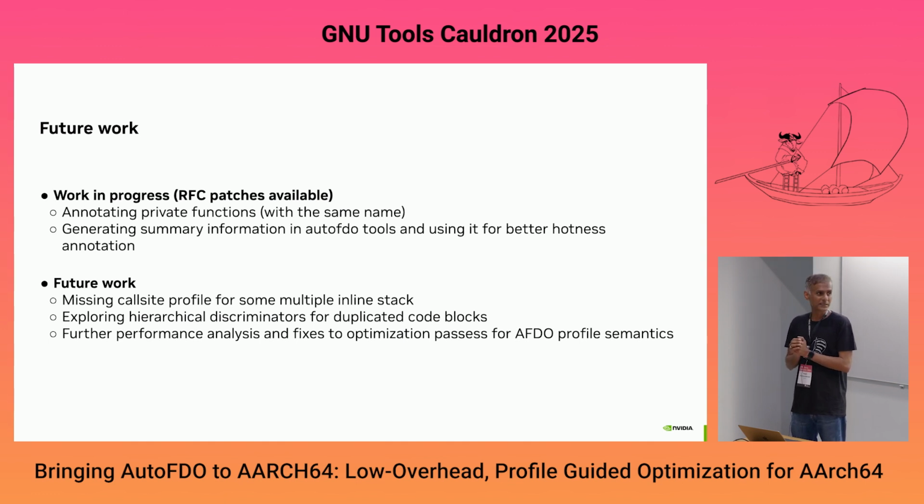So we have a patch to collect that summary information, which should help us with better hotness annotation and possibly better inlining, which we are currently testing. Hopefully, Drew, who is doing the work, will send out an RFC patch soon so that it can be reviewed, and possibly land in stage 1.